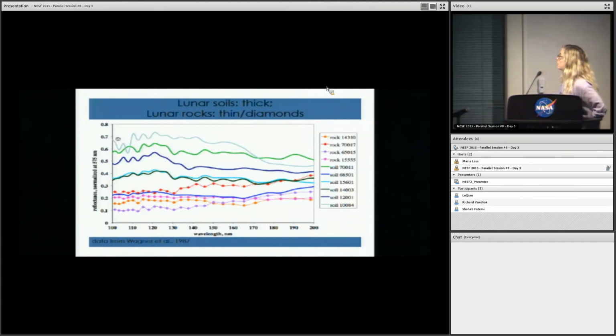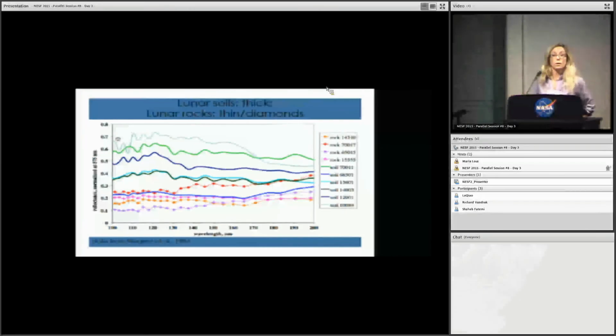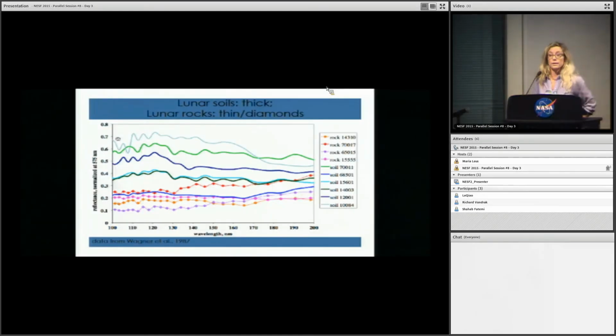Here's an example of lunar soils in the solid lines compared to lunar rocks with the little diamonds, in the far UV. These spectra were normalized at 570 nanometers, but you can see that the soils are bluer and therefore a little brighter relative to the ground-up lunar rocks. This is linked to weathering.